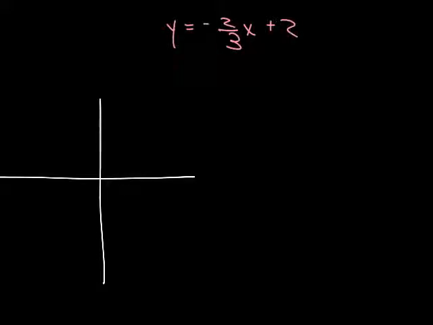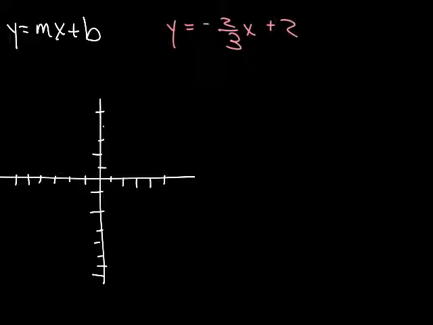Alright, the 2 represents, well, let me get my y equals mx plus b. The b represents the y-intercept, or where that line crosses the y line here, and the y line again is the up and down line. It says it crosses it at 2. So there's one of my points.